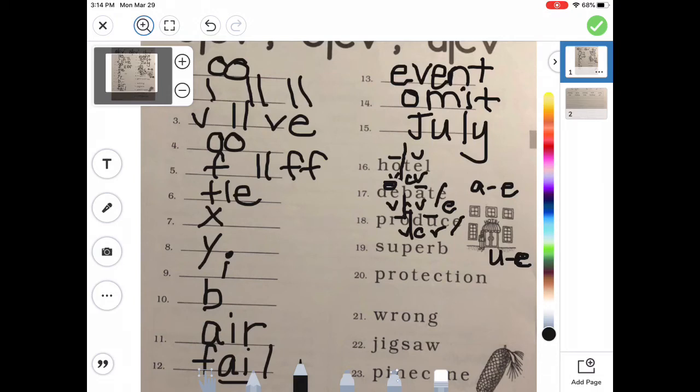This C is in front of an E, so it's supposed to make the soft sound. So use, deuce. Over here though, look, produce. Does that sound right? Produce. It does sound right. Produce. Good job. All right, what about the next one?